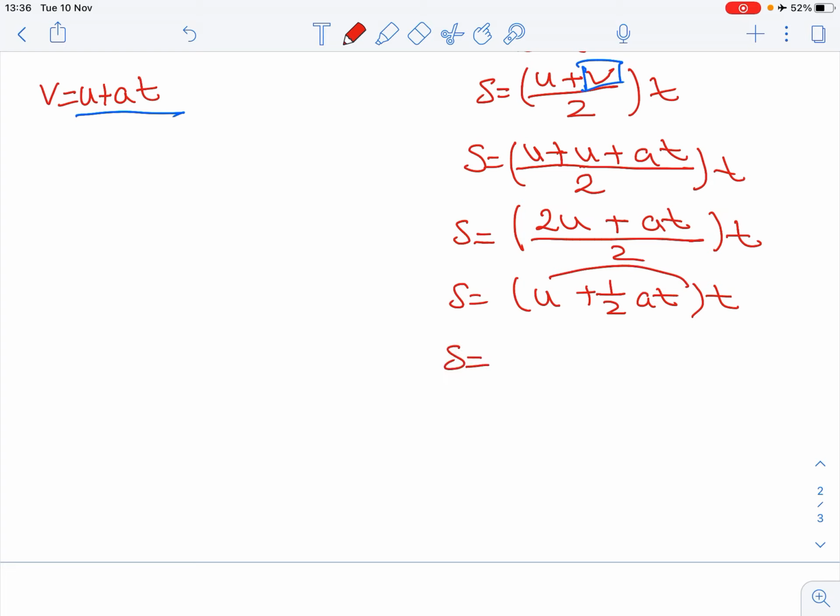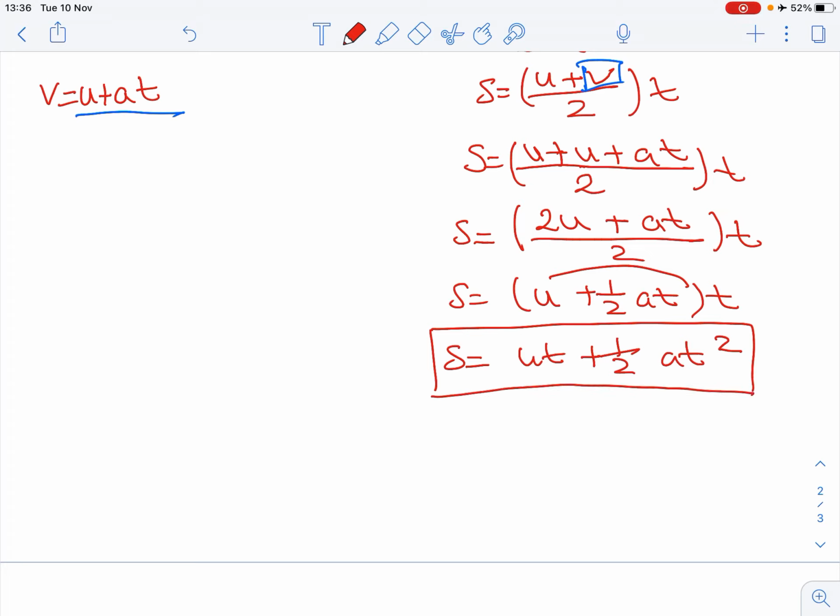So s equals u multiplied by t is ut, then half at multiplied by t is plus half at squared. So this is our fourth equation. We need to learn how to derive and how to use it.